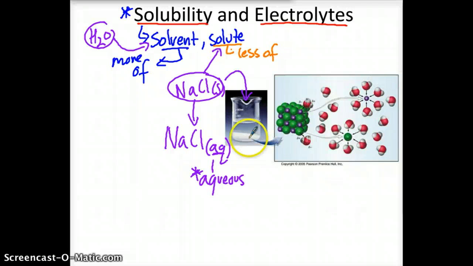So, if we zoom in on these salt molecules, what's going on with them when they're getting dissolved? We can see here, these green spheres have little negative charges, and these small purple spheres have positive charges. So clearly these represent different ions. So how is NaCl going to dissolve?